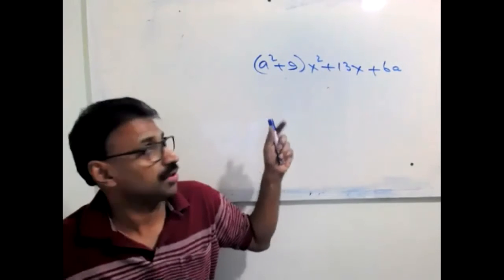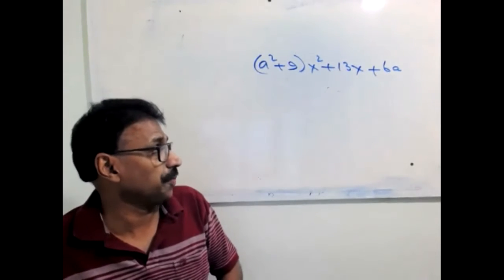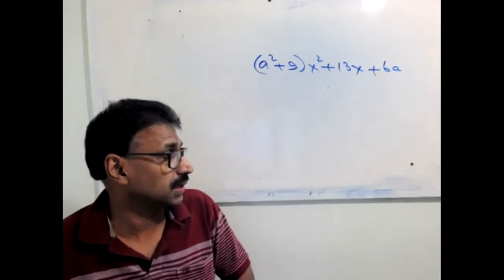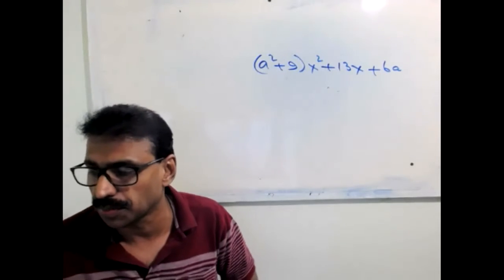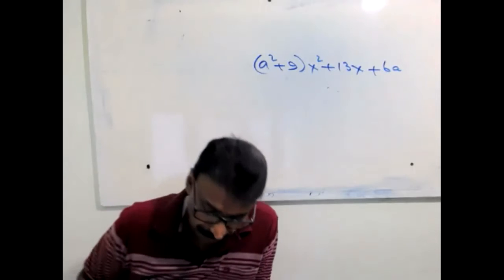If one zero of the polynomial is the reciprocal of the other, find the value of a.